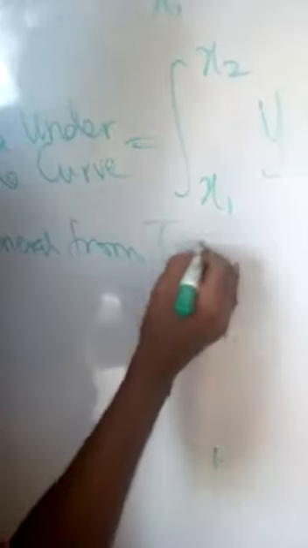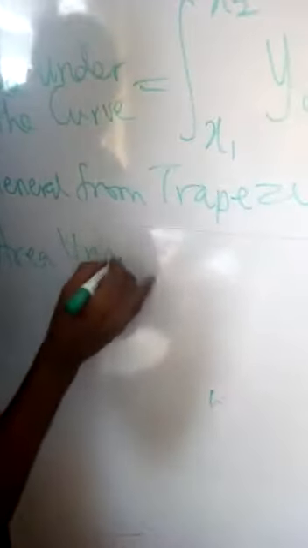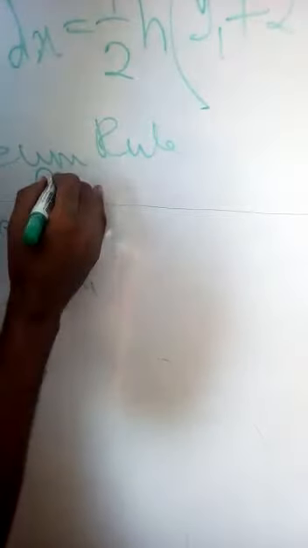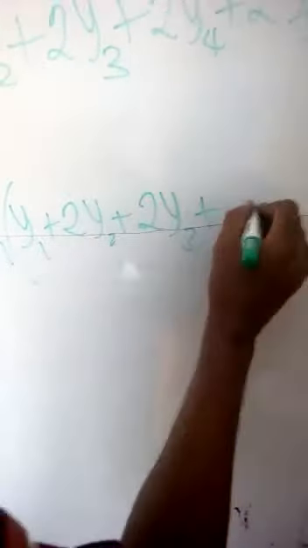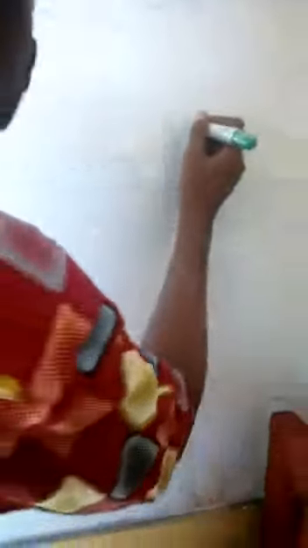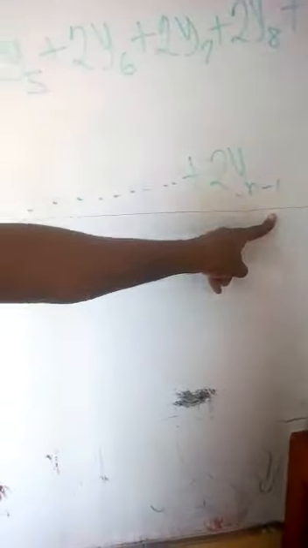So generally, from the trapezium rule, the area under a curve, that is the integral between x1 and x2 of y with respect to x, is half the height times y1 plus 2y2 plus 2y3 and so on up to 2 times y(n minus 1), where y(n minus 1) means the second to the last term, plus yn.